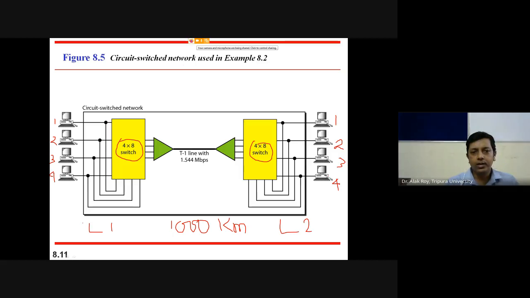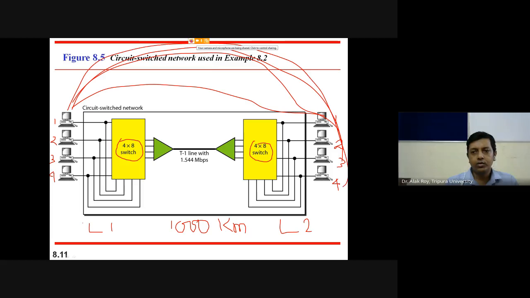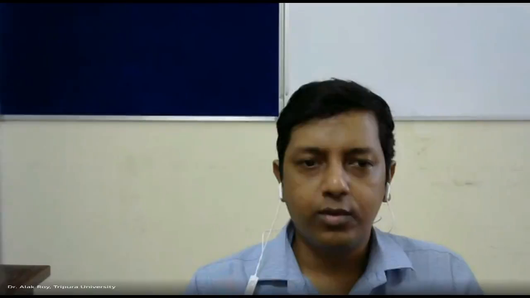If you communicate, you require, say, 1 to 1, 1 to 2, 1 to 3, 1 to 4. If you require a dedicated line, from 1 sender to 4 receivers you need 4 lines. Similarly, from 2 to other 4, you require 4 lines. 3 to other 4, you require 4 lines. 4 to 4, you require 4 lines.